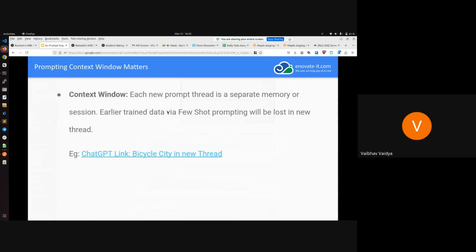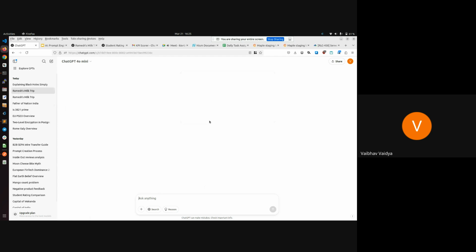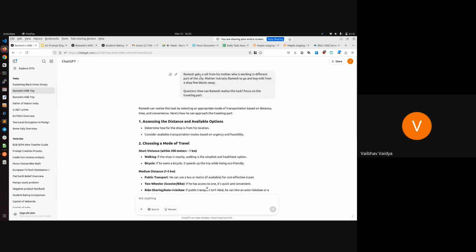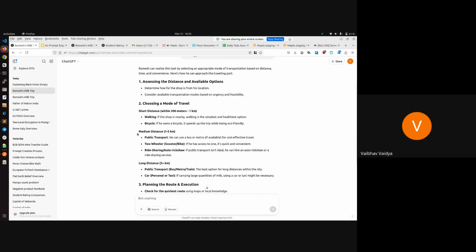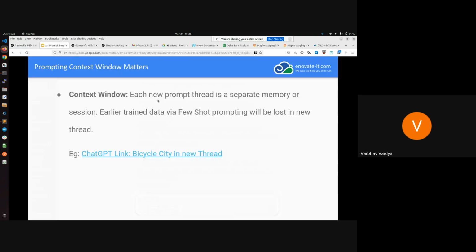So let's say I take the same question, which is Ramesh had to get milk from a shop, and I paste these instructions in a separate thread. Will I get the bicycle part, which was a constraint set earlier? No, we won't. Here I got choosing mode of travel: if it is short distance, medium distance, long distance, we are getting different types of two-wheeler, public transport, ride sharing, auto rickshaw, car. So again, context matters.